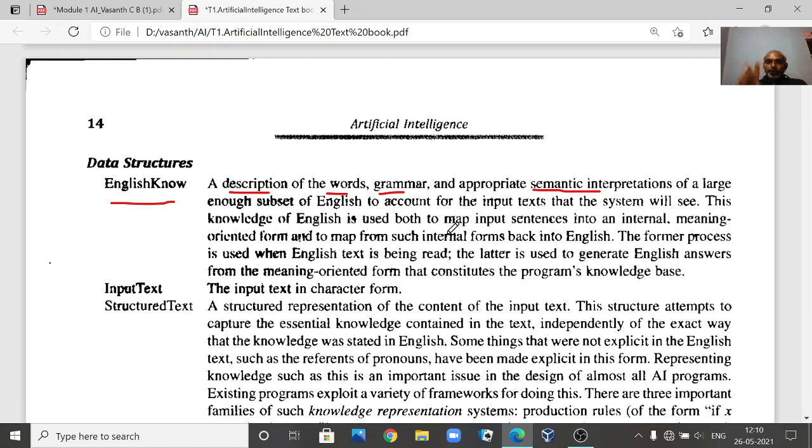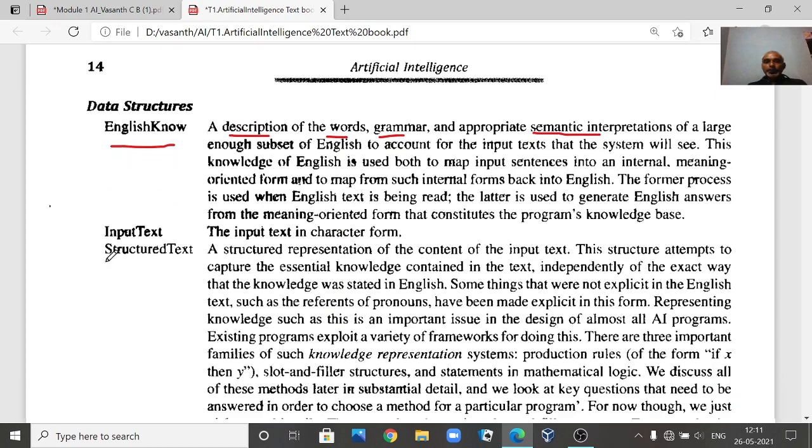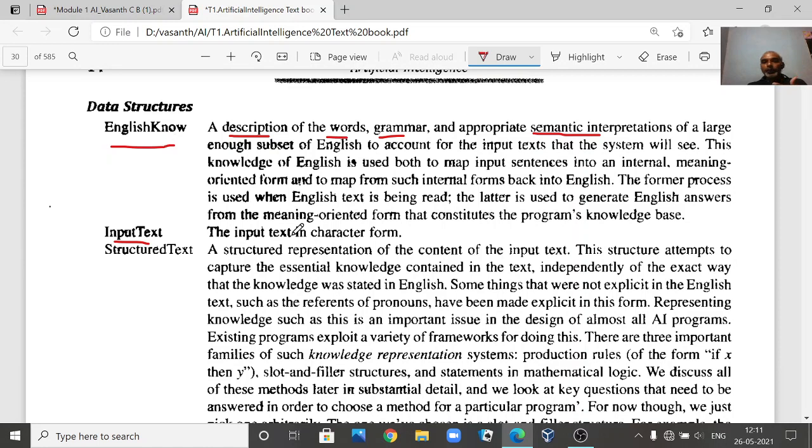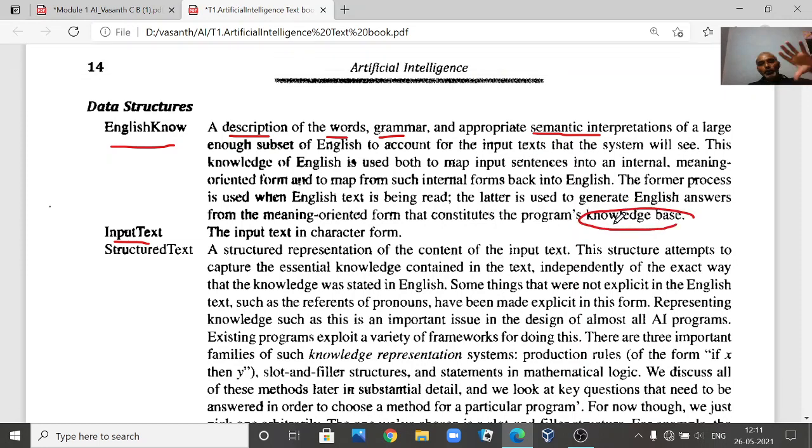So you first build one English knowledge. That knowledge contains all the words, so that when you process the text, you can compare against the knowledge. Next you will have input text. This input text also is converted into this particular knowledge representation. So firstly you should have one knowledge base, like some small dictionary you are going to keep.